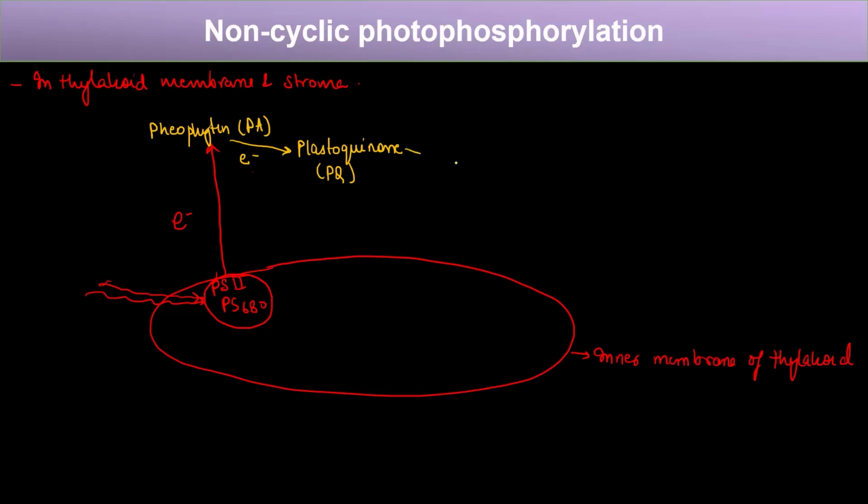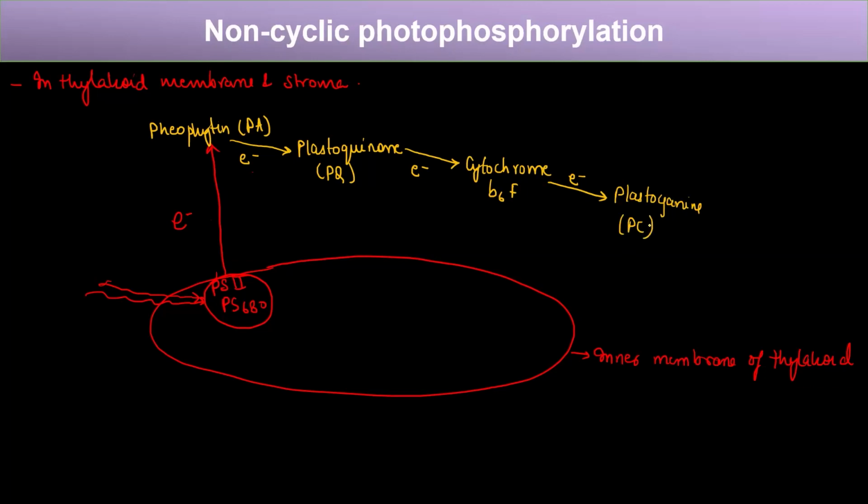Now this plastoquinone, what will it do? It will transfer the electron to another electron carrier that is known as cytochrome B6F. Now it will transfer its electron to another electron carrier that is known as plastocyanine, that is represented by PC.